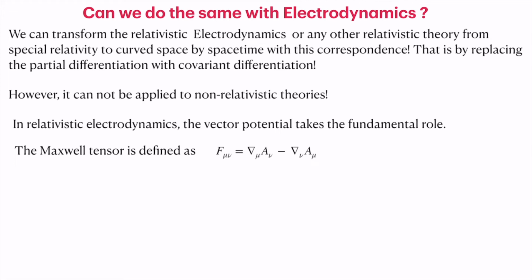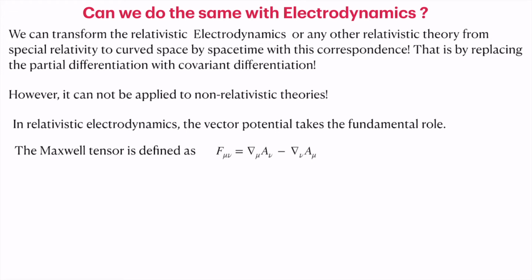In the relativistic Maxwell's equations, neither the electric field nor the magnetic field is important. You might have seen that both of them can be made zero in an arbitrary frame, while they are non-zero in other frames. So this is not possible for a tensor. This simply says that neither the electric field nor the magnetic field is covariant. The most fundamental quantity, or the dynamical variable, in relativistic Maxwell's equations is the vector potential.